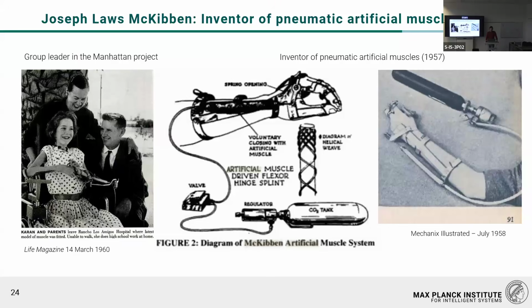It is a pneumatically driven muscle that is connected to an exoskeleton to provide hand movement. That started very early, in 1957, and probably would have been very successful if we had not come up with polio vaccination, which solved the problem in a very different way.